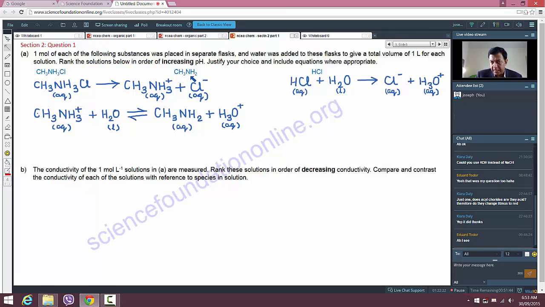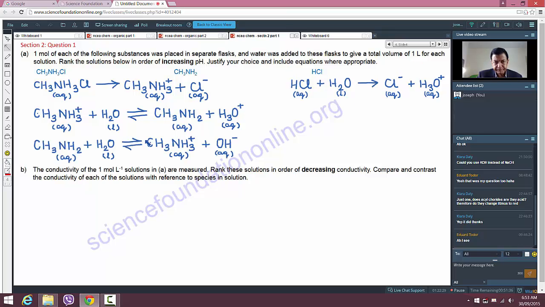Before I look at the methanamine, CH3NH2, which you know is a weak base. Now we can write the equation for CH3NH2 in aqueous solution. I told you it will dissolve in water because there are hydrogens connected to nitrogen, so it can undergo hydrogen bonding interactions with water molecules. Therefore, it will be water soluble. And it reacts with an H2O molecule.